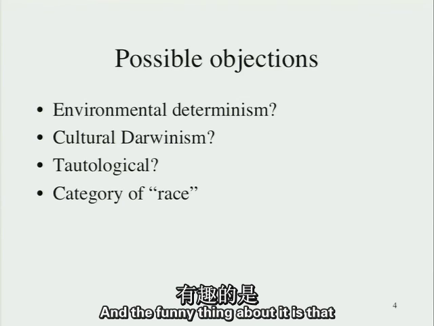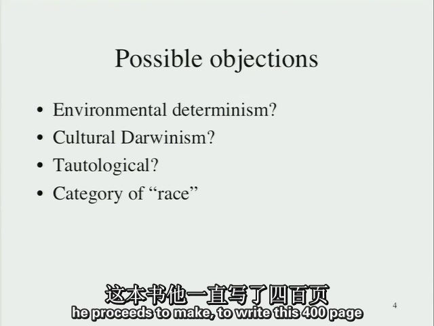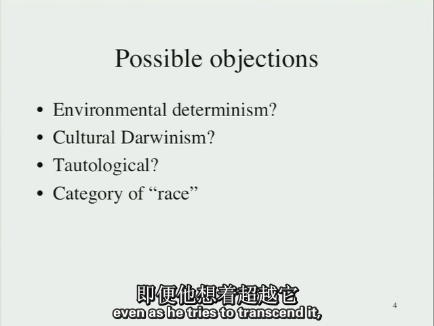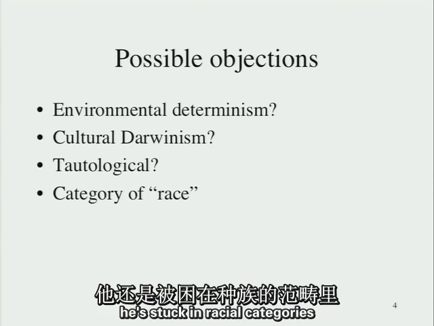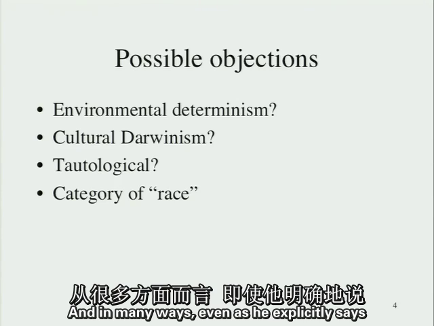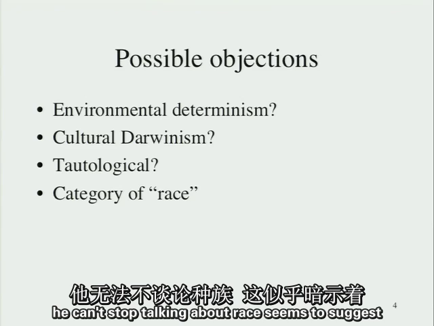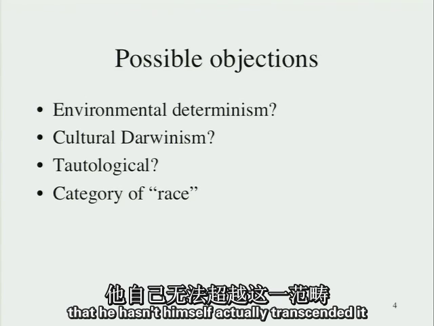And the funny thing about it is that he proceeds to write this 400-page long book, and he can't let go of race, even as he tries to transcend it. He's stuck in racial categories, and in many ways, even as he explicitly says it's not about race, the very fact that he can't stop talking about race seems to suggest that he hasn't himself actually transcended it.